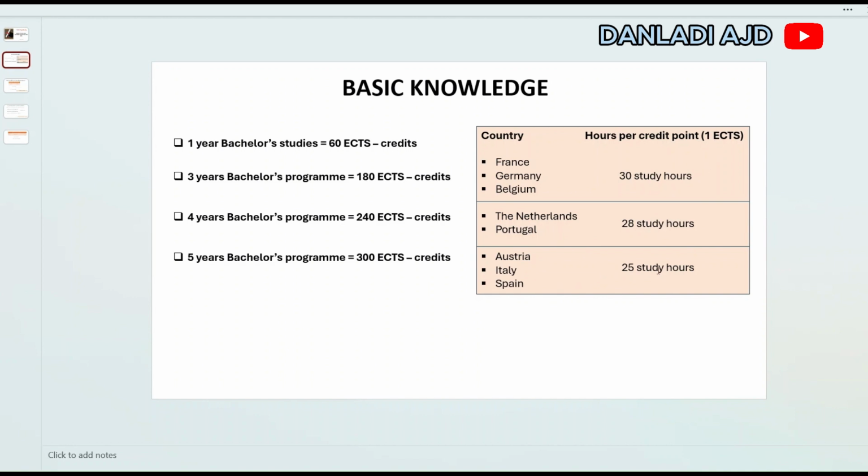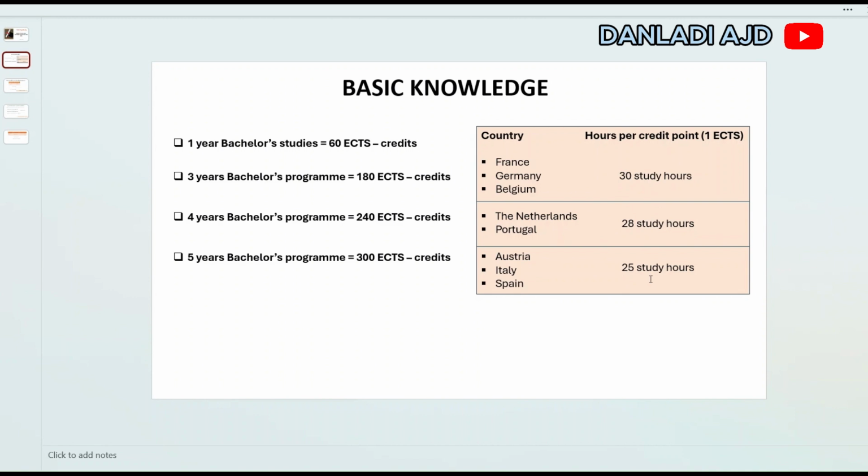Now, this is important to note because some universities or some programs may ask you to provide the ECTS credit for specific courses that you took during your bachelor's, and so that is when we use these study hours to calculate them.